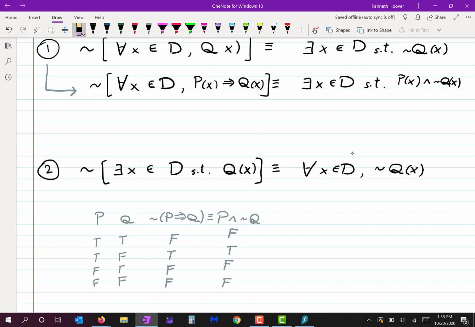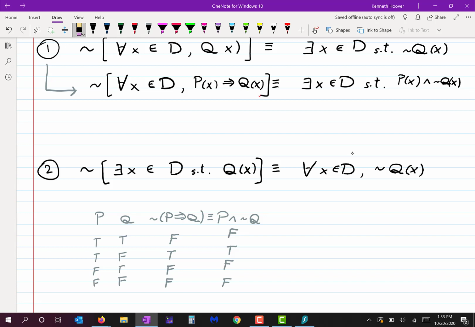The universal quantifier turns into an existential quantifier. The conditional part turns into a conjunction. The hypothesis of the conditional part does not change in the conjunction, but the conclusion of the conditional part gets negated in the conjunction.